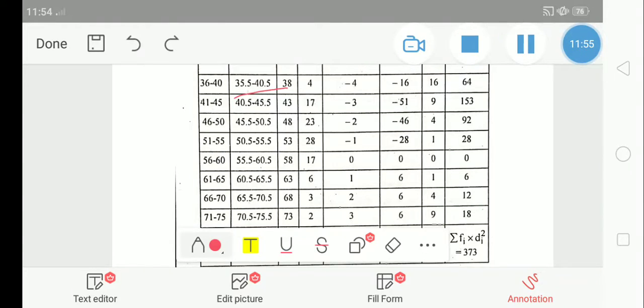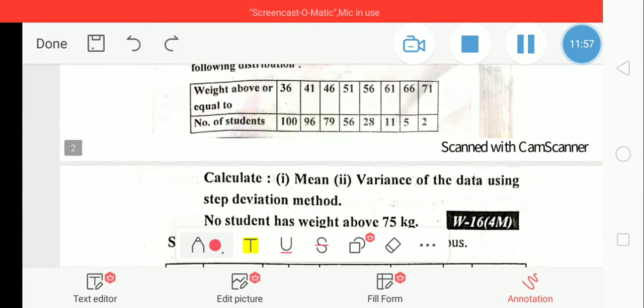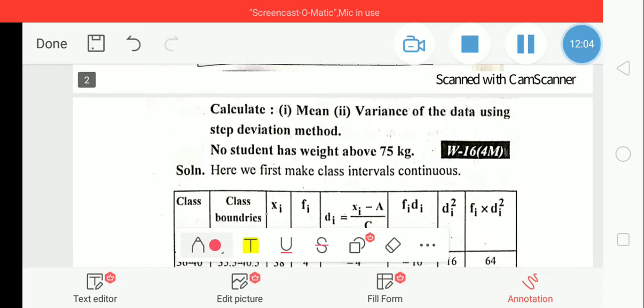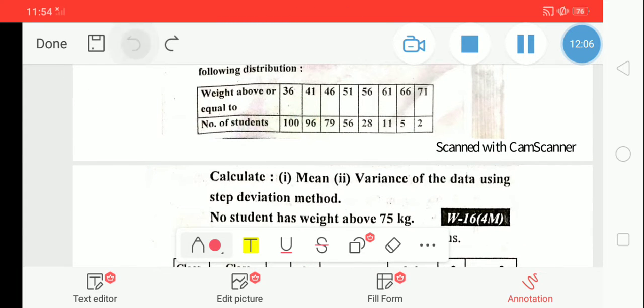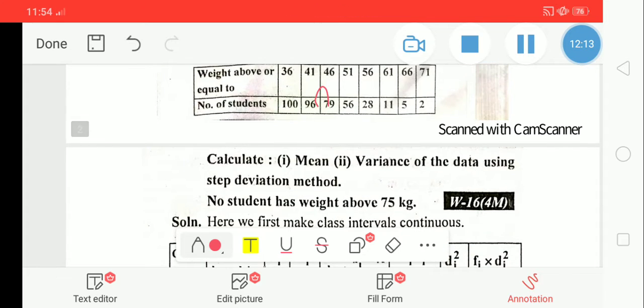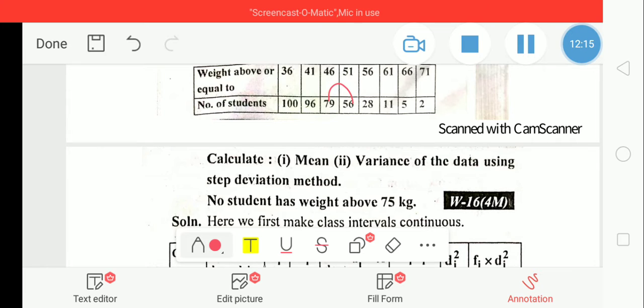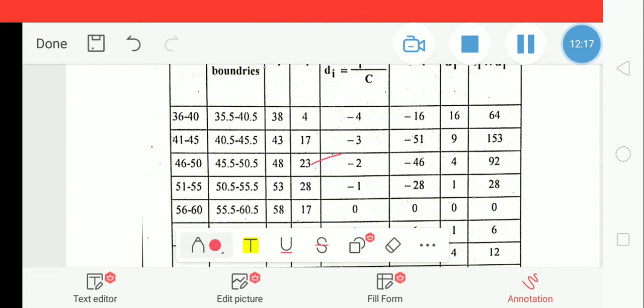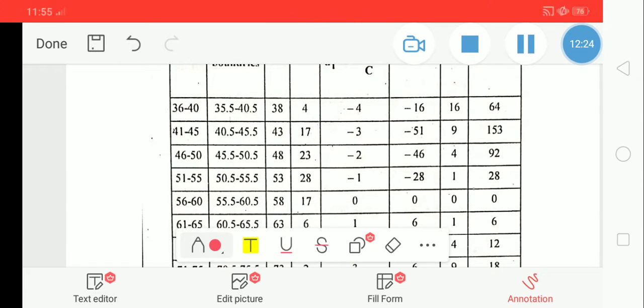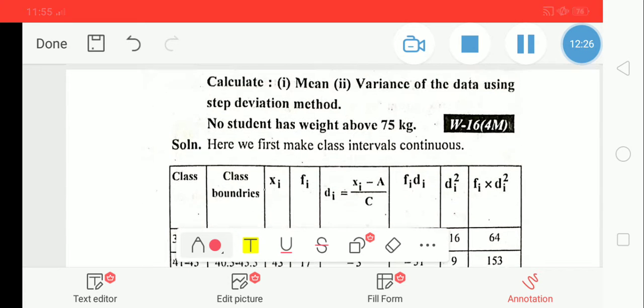Frequency. How can we write it? Here 100 minus 96, so that gives 4. Then 96 minus 79, so that gives 17. Then 79 minus 56, so that gives 23. Then 56 minus 28, that gives 28.